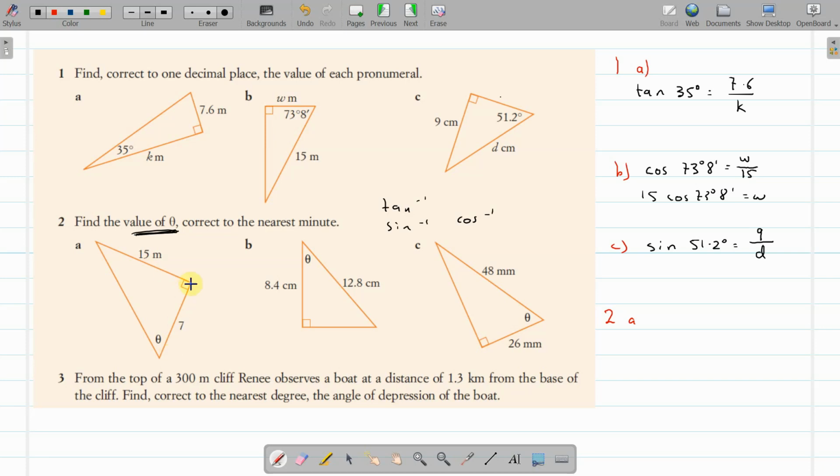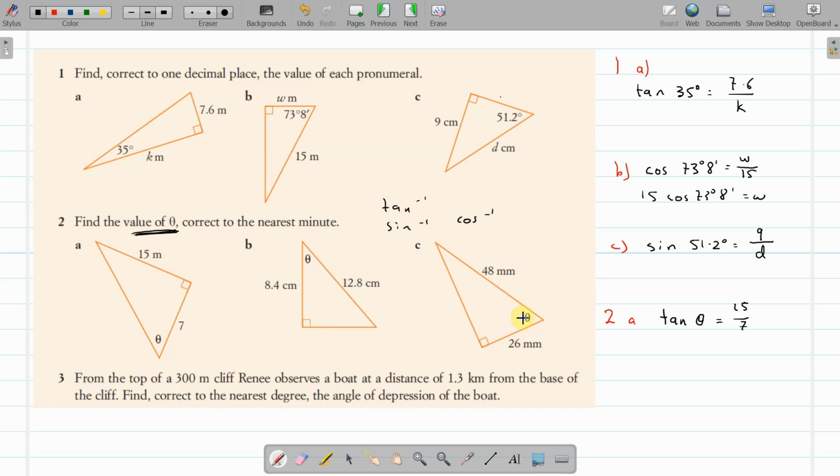We've got an adjacent side to the angle, no hypotenuse, so it's tan. Opposite, adjacent. So it's tan of theta equals opposite 15 over 7.